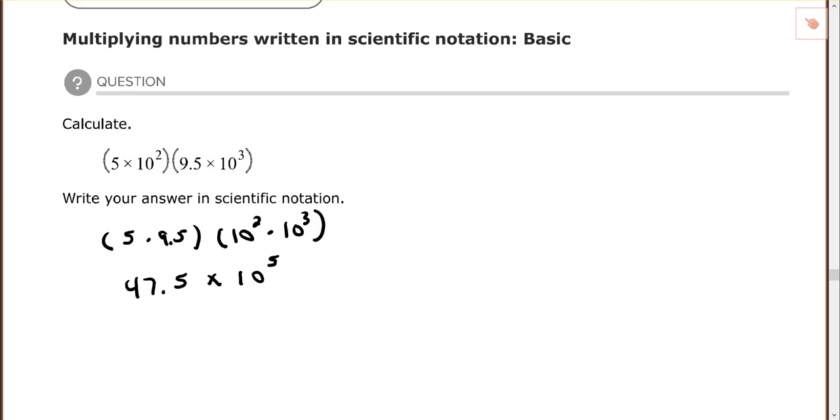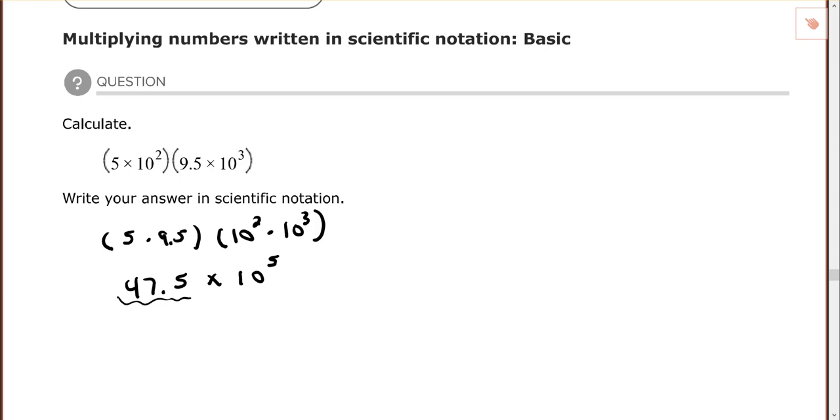Now the problem we have here is that this 47.5 is not in scientific notation form, because we can only have one non-zero digit to the left of the decimal. So my decimal needs to move over one more place.